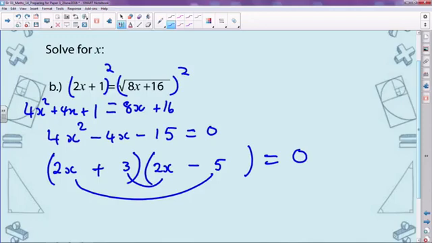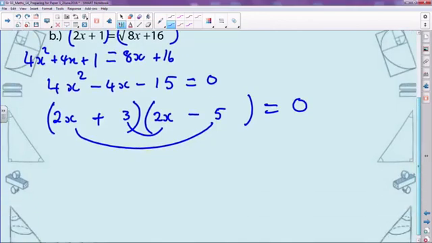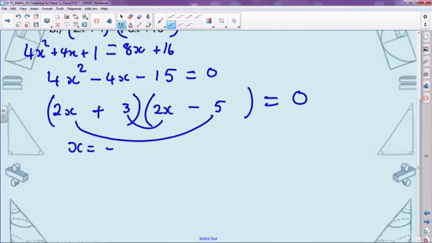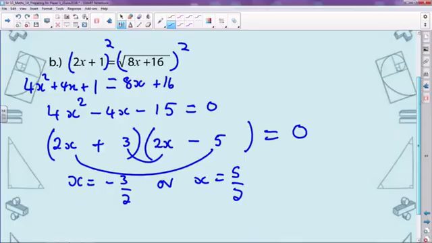Or some of us, when we get here, you're not sure if it's going to factorize, then you go to your quadratic formula. All right, so you get x is minus 3 over 2, or x is 5 over 2. Most of us in grade 11, what we do is we leave it just there, but you have to check your solution, if your left-hand side does give you the right-hand side.